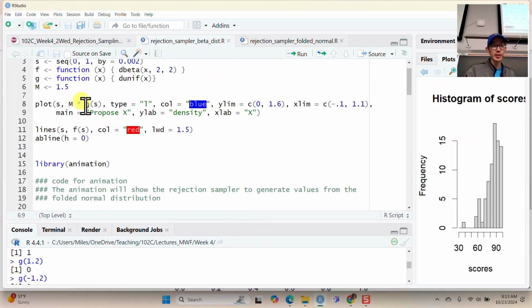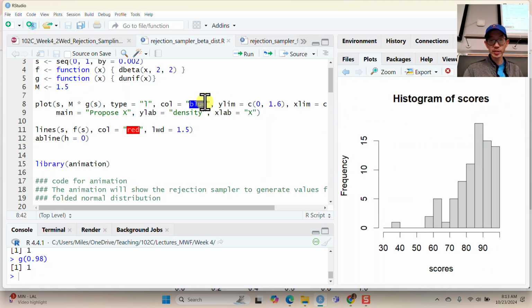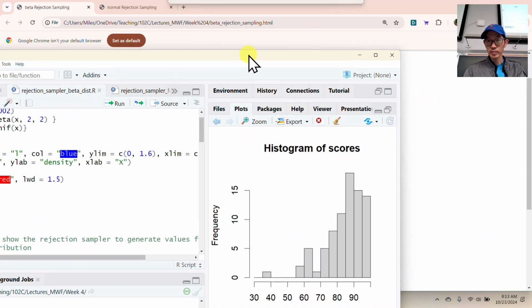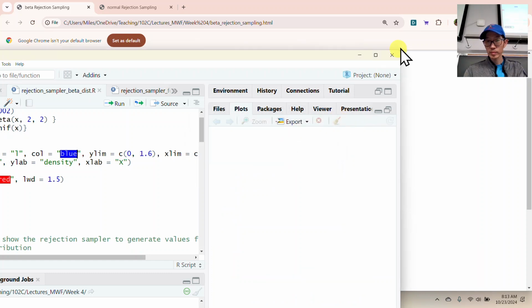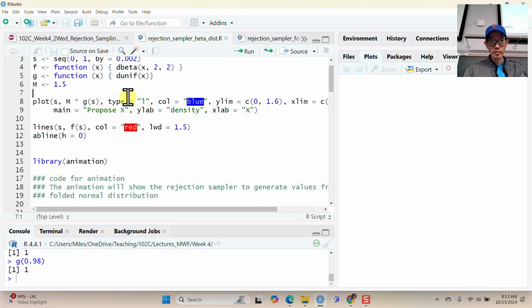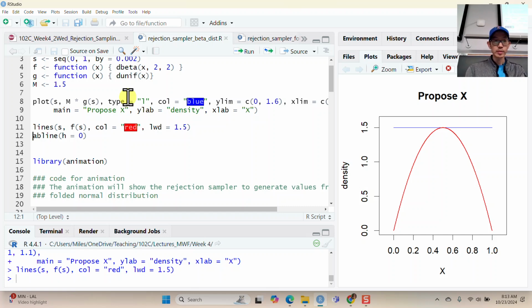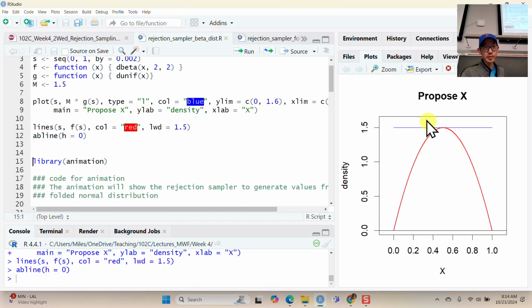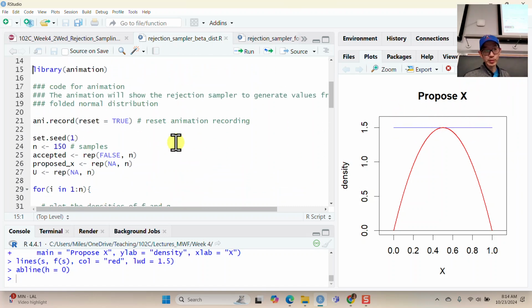Okay, so that's just that. G times M is going to be this. And I'm going to start off with a plot of the beta distribution density in red, and then this is going to be kind of our proposal value.